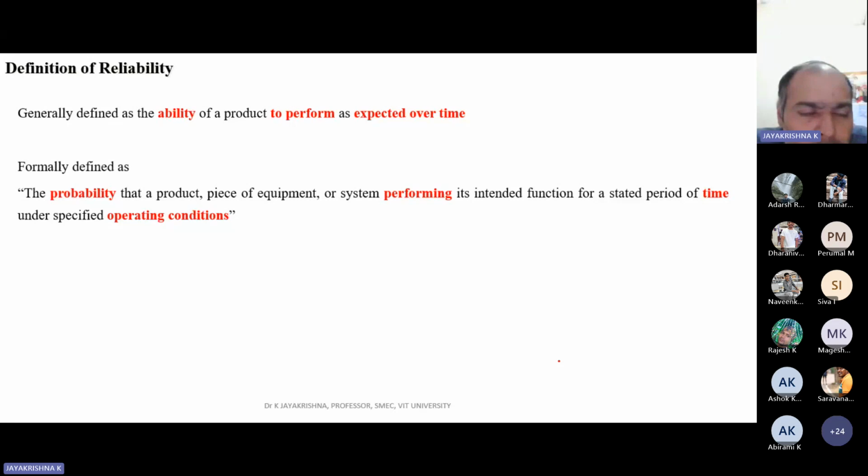Probability is the chances of survival of your equipment, your product, or a piece of a product or a system performing its intended function for the stated period. The stated period is the time. At the given time, how was its performance? Under the operating conditions.